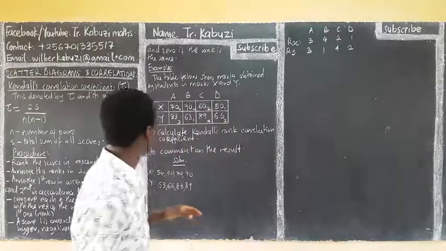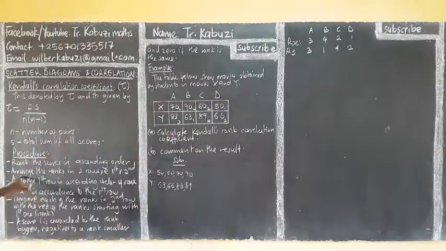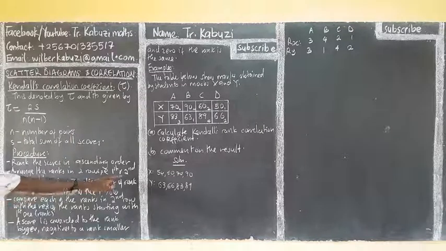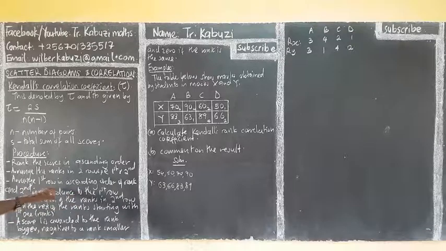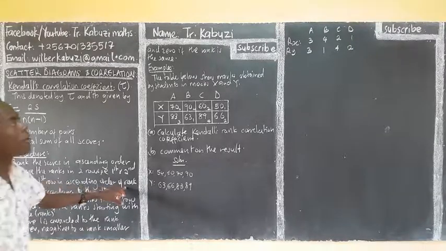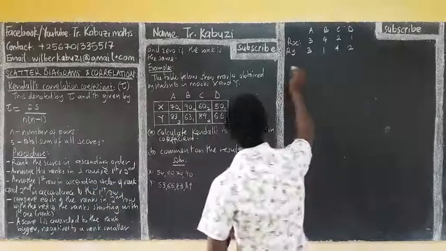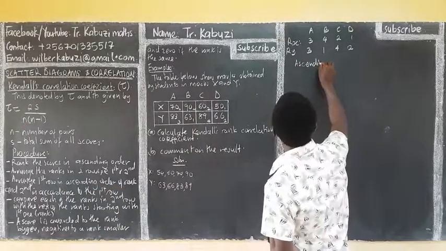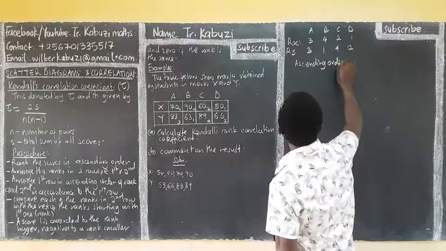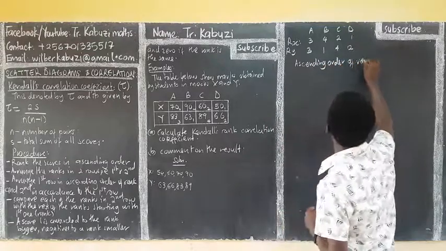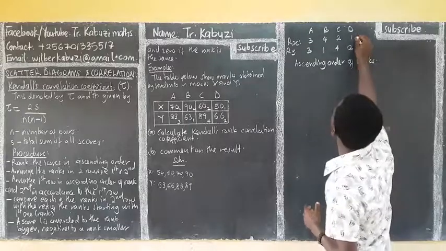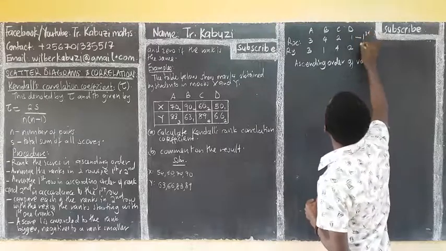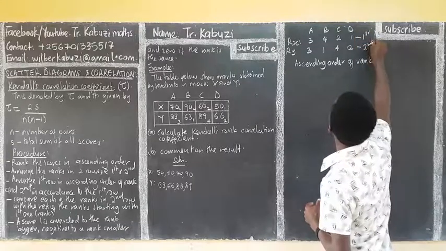Now we arrange the ranks in two rows, the first and the second. This is our first row, and this is our second row.